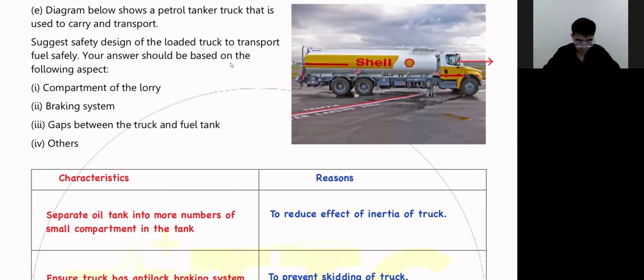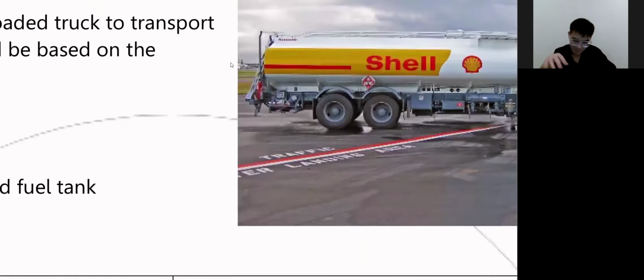Now, for my answer, I give you a more uncommon answer. Have you guys noticed at the back of the oil tanker truck, it's actually all the time. It's just whether you notice it or not. If you never notice, try from today onwards, when your parents drive on the road and you see an oil tanker truck.